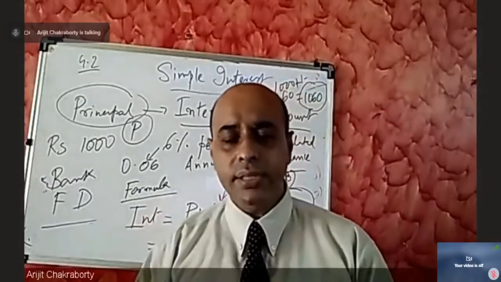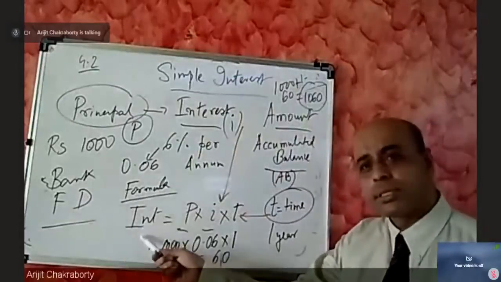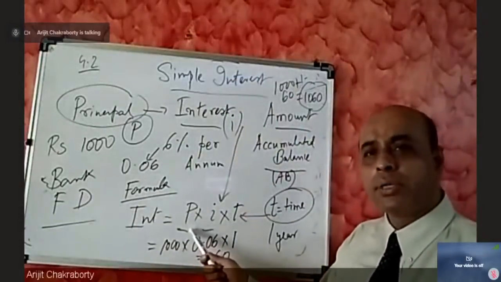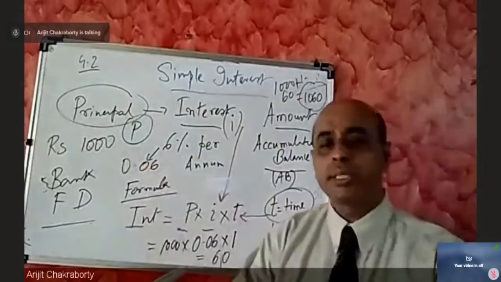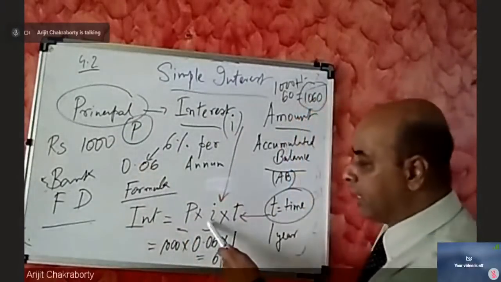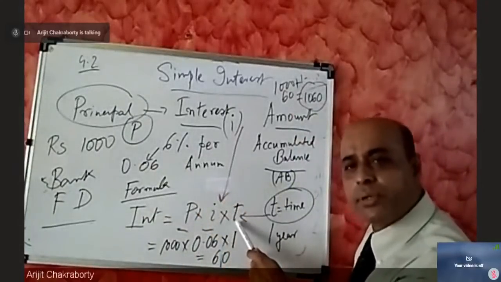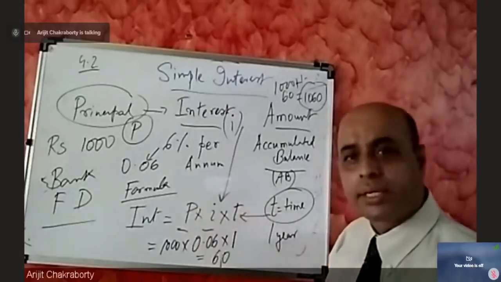Okay. So this is the concept of simple interest, where the interest is equal to the principal amount, principal means the money which is either invested or the money which is given as loan, I, that is the interest rate, and T, that is the time during which the money is invested.